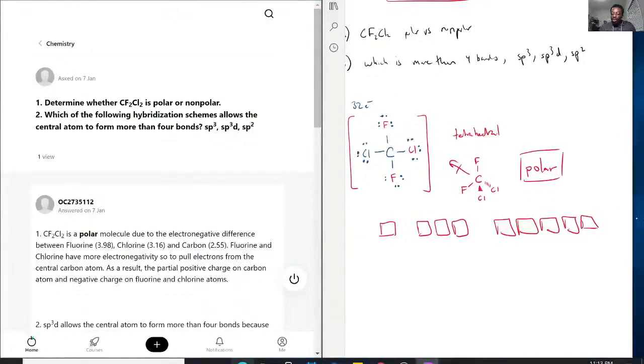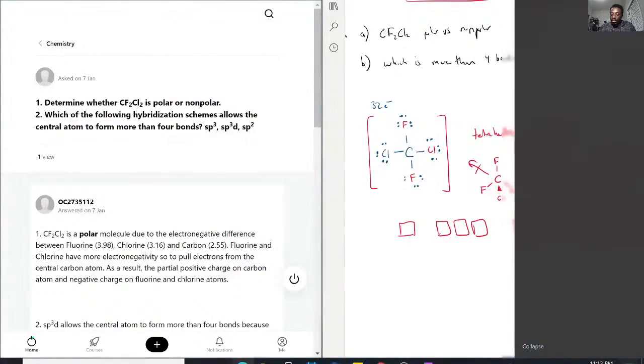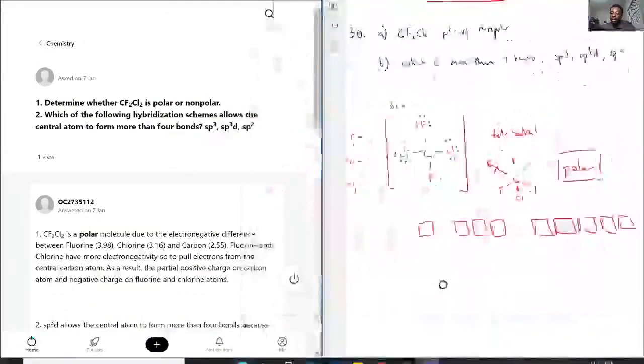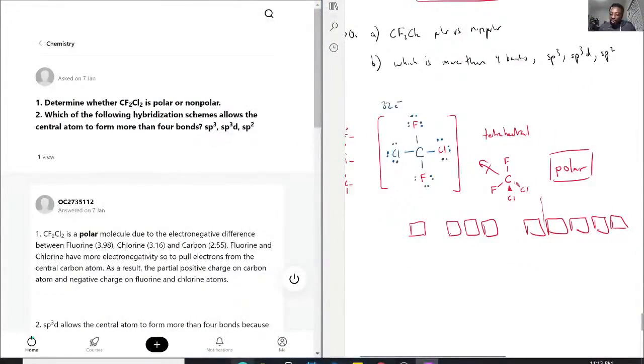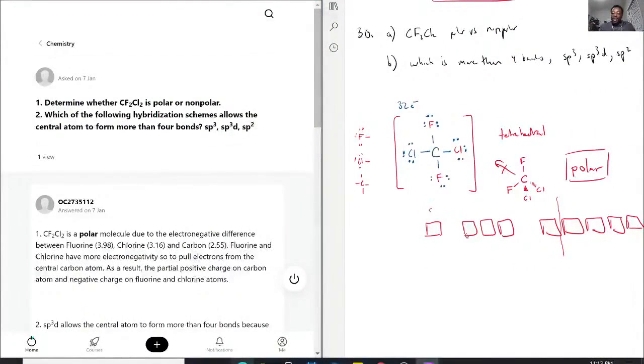And we're only messing with the first d orbital, so we're going this far, according to the question. So, s, p, and d.